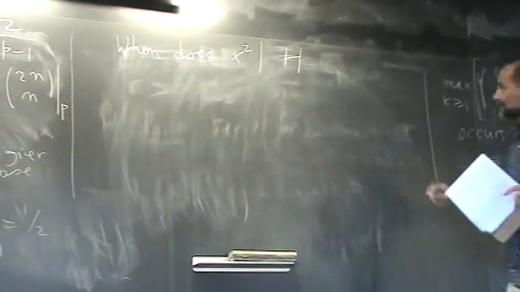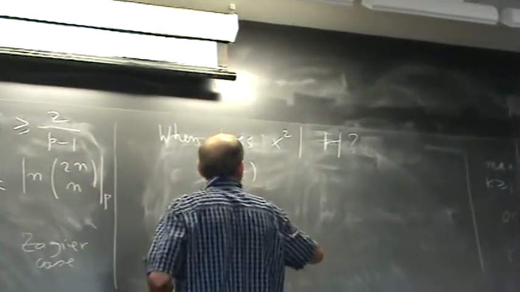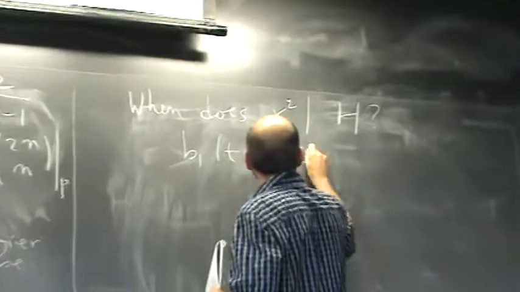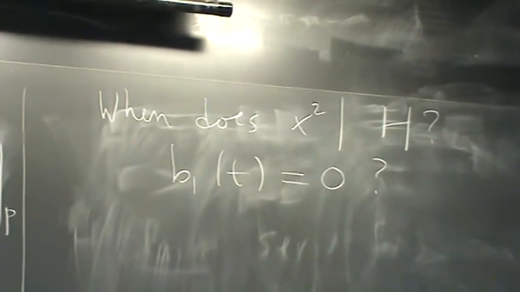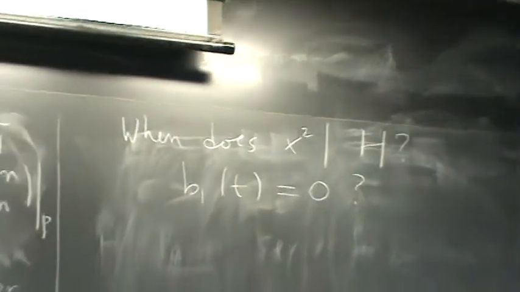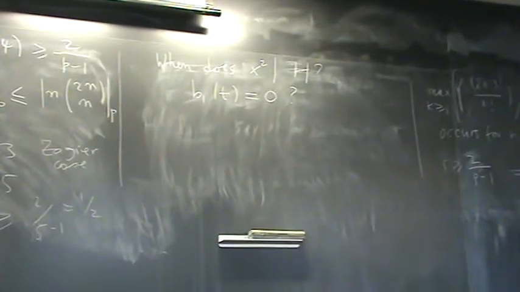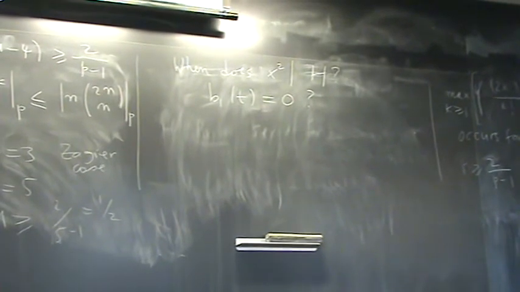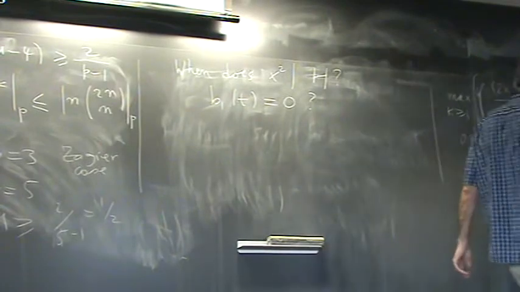So that is to say, when is b1 of t, that's the first coefficient, the coefficient of x, equal to 0. So, this is not a completely trivial fact. You have to actually do something. Even in the case of Sagie, you have to prove that a certain p-adic number is 0.